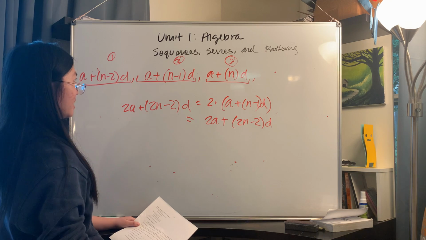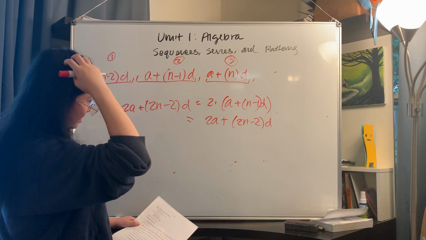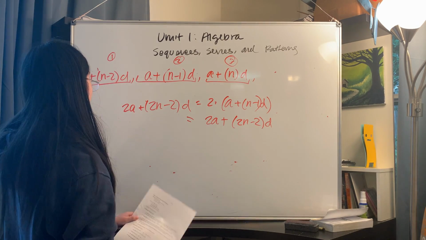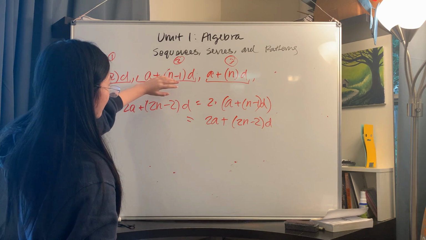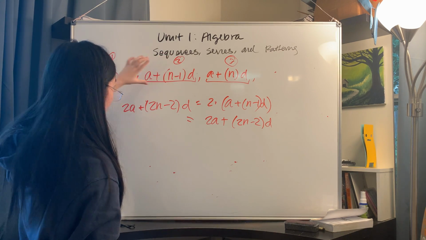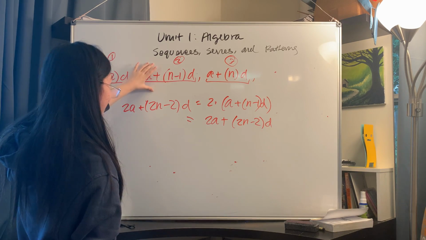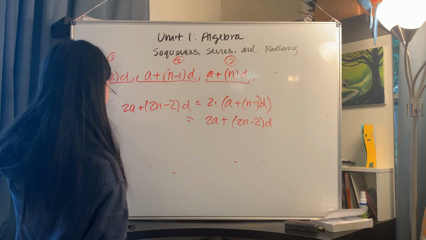These two are equal. So what that means is that when we talk about arithmetic means, the middle term between two terms is the mean of these two terms.